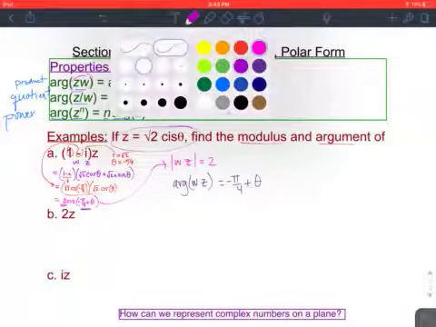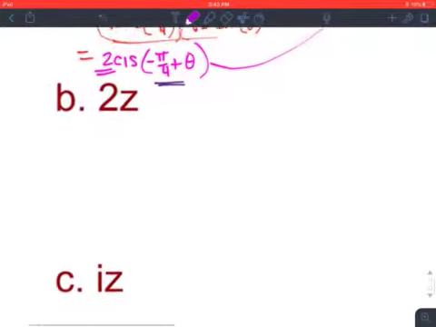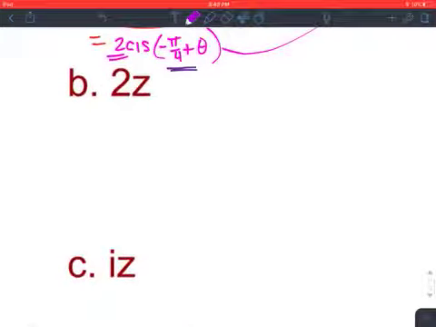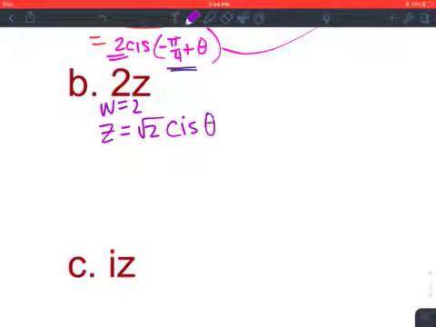So let's try one more together. Let's do this one. W is equal to 2. Z is equal to square root of 2 CIS theta.